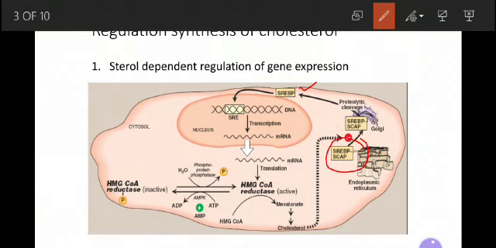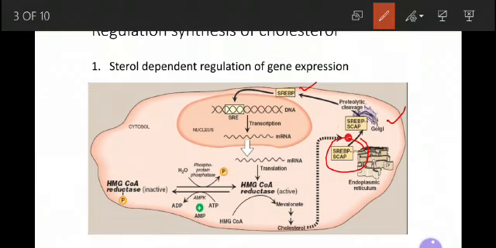When the sterol level in the cell is low, these two associated proteins will move to the Golgi complex, and here there will be the action of a proteolytic enzyme, and the SCAP will be detached from SREBP.